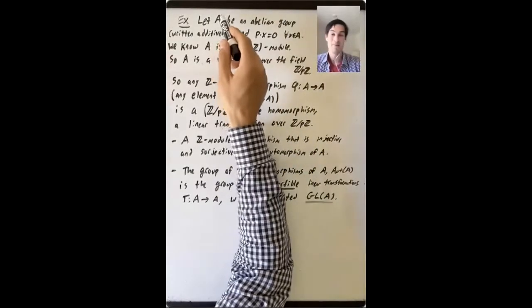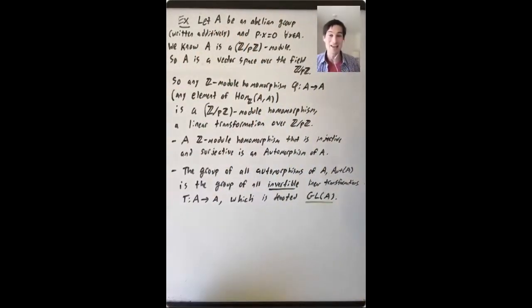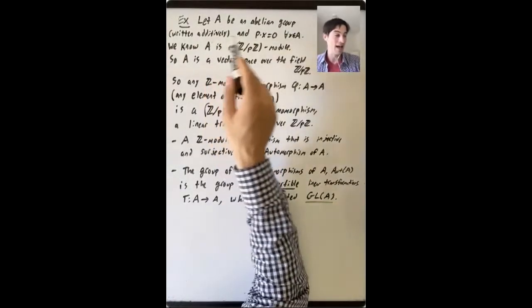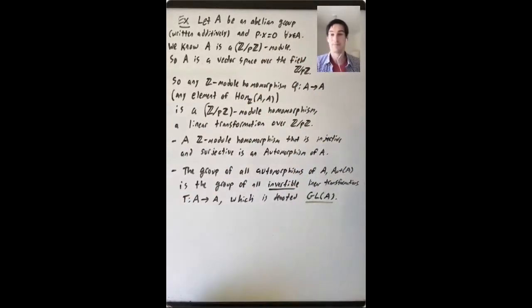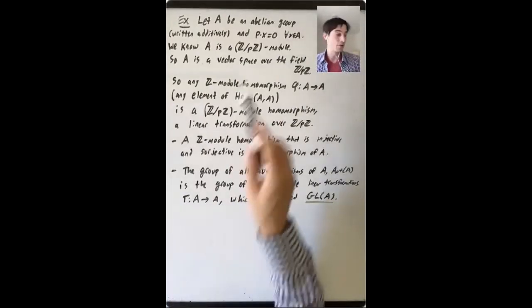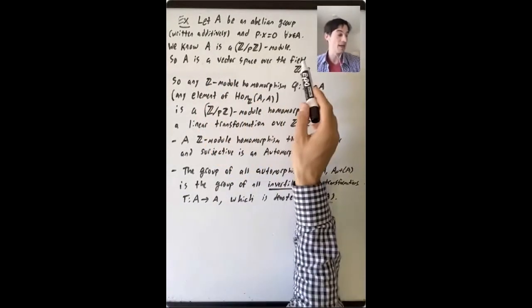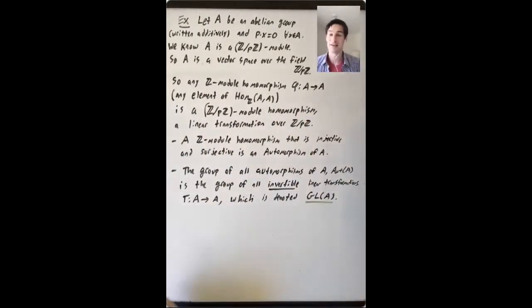This Z module is annihilated by the ideal PZ of Z. So that makes A into a Z mod PZ module. But what is a Z mod PZ module? Z mod PZ is a field. So this is a module over a field. So A is a vector space over the field Z mod PZ.